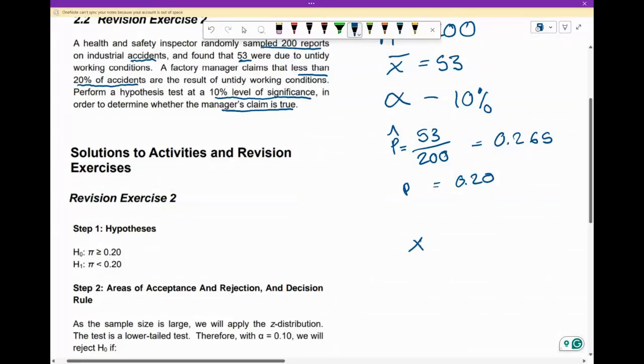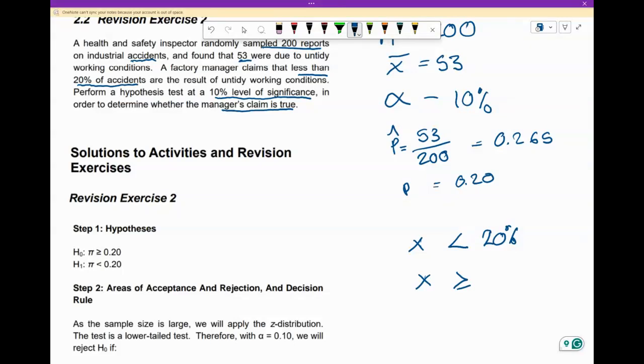X can either be less than 20%, or X is going to be equal to or greater than 20%. Remember, the claim is that it's less than, isn't it?